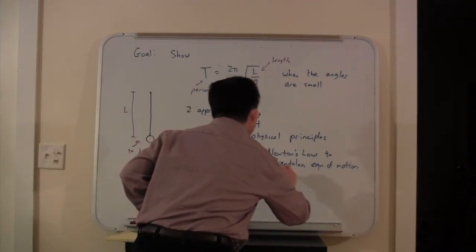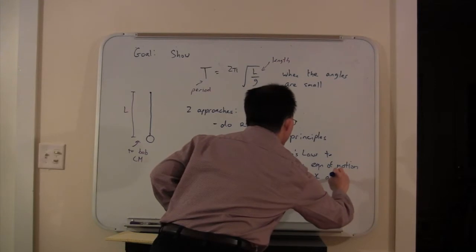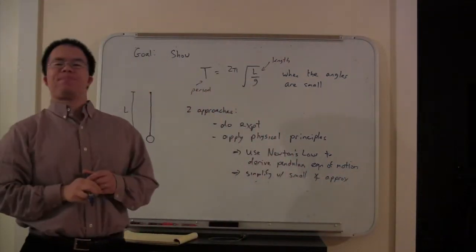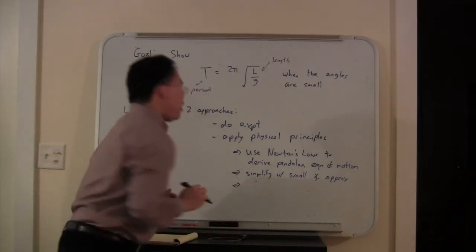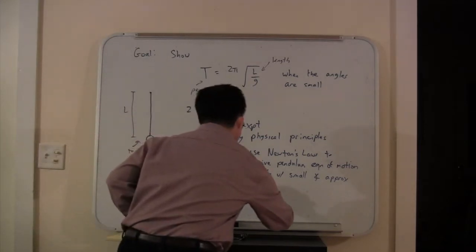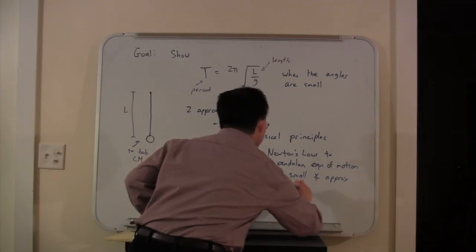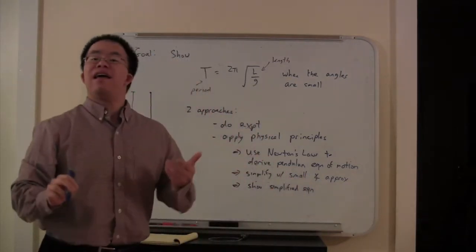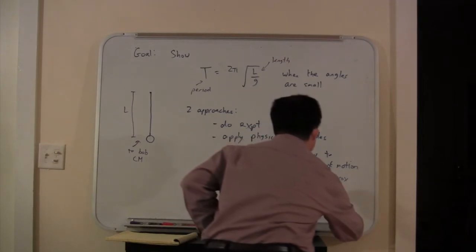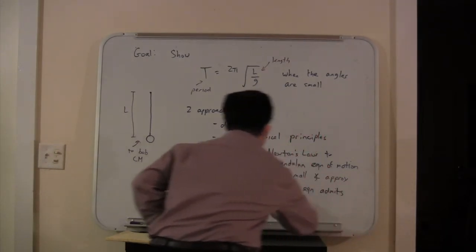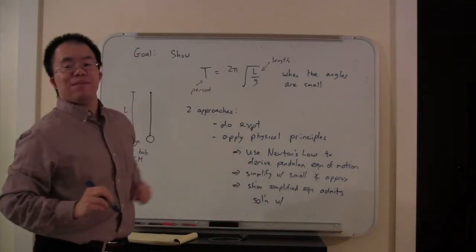What we'll then do is show that the simplified equation admits a solution that's periodic or sinusoidal, with the period T I claimed up there.